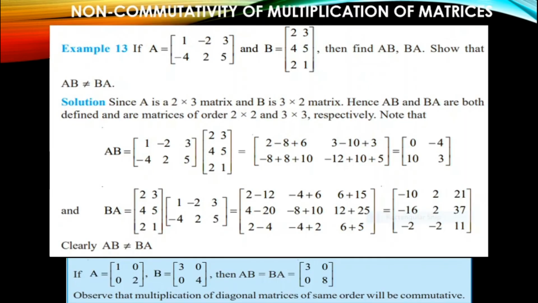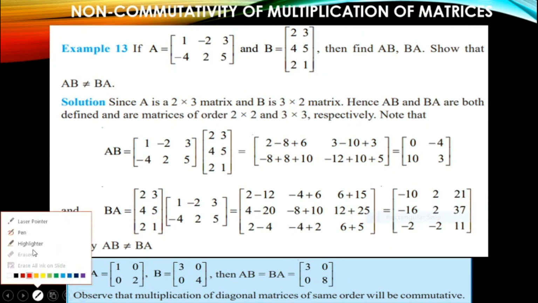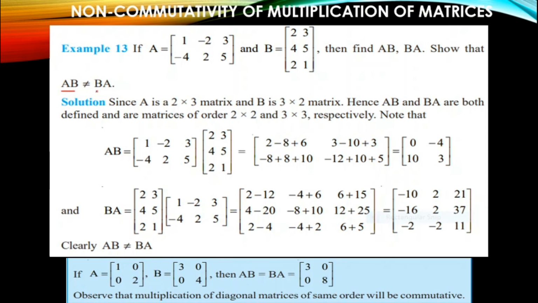So for multiplication we have a property that is non-commutativity of multiplication of matrices. That is, when you multiply two matrices and you change the order to BA, it won't be equal. That is, multiplication of two matrices is non-commutative.